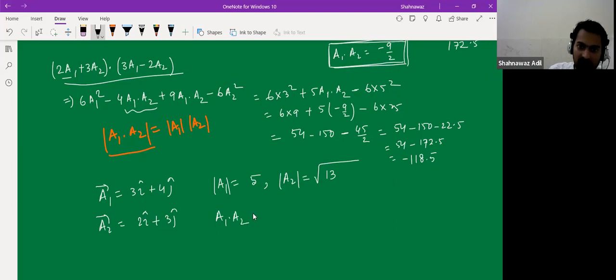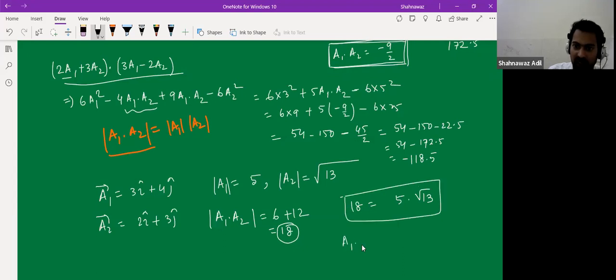It would be 6 and 12, so this would be 18. So this is not equal to 5 into root 13. So A1 dot A2 is not equal to the product of magnitudes. These are vector products, meaning the scalar product.